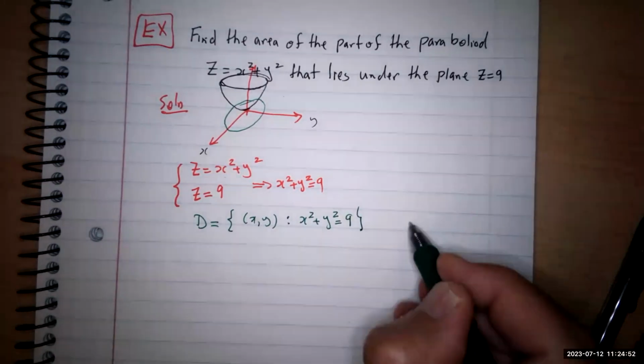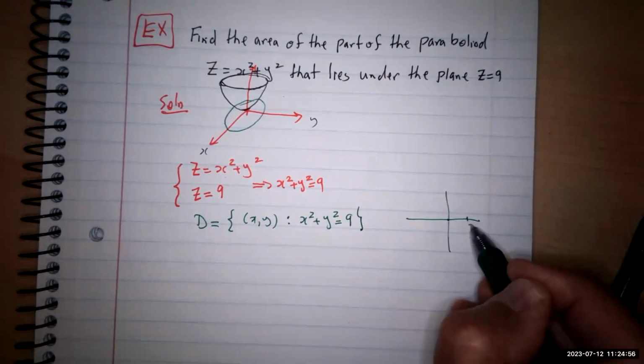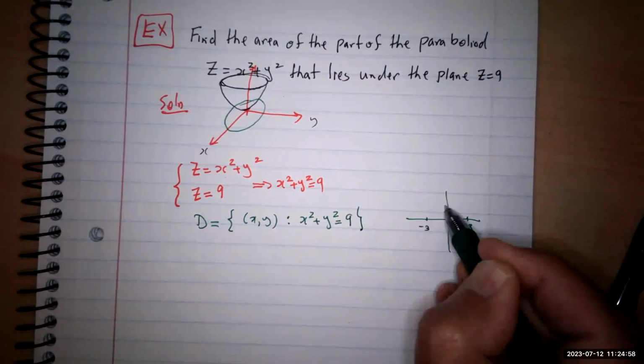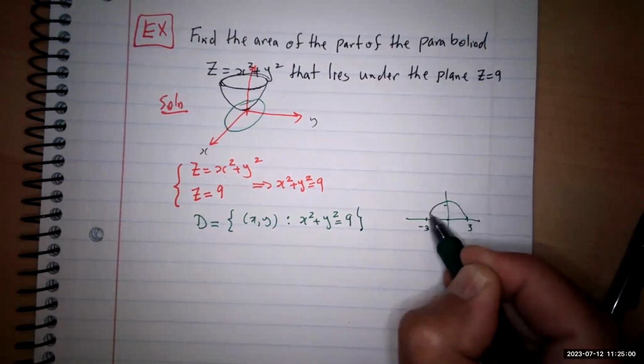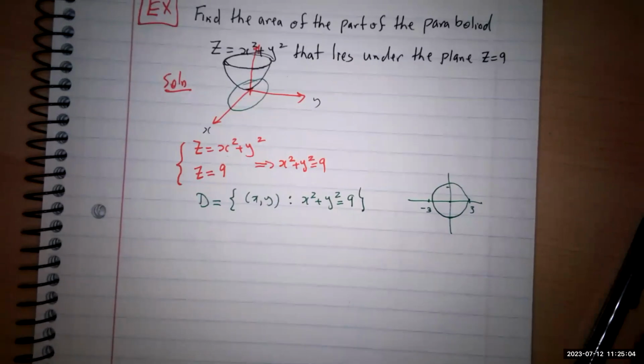So it's going to be a point on the circle. This is going to be 3, this is -3, and up and down. So this is going to be the domain that you're going to have.